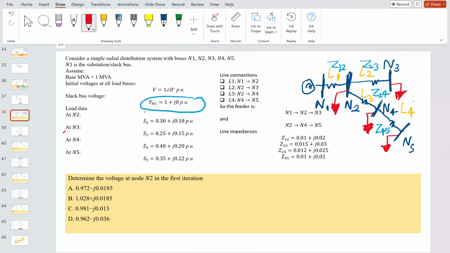Suppose this is the source and this is connected to load node one. This slack bus supplies all the real power and reactive power which is required by the load. That's why this voltage is maintained at 1 angle 0 degree, because Q is proportional to V, and in a distribution line where the R by X ratio is high, power is also proportional to V. So it supplies all the reactive power, and its voltage is maintained at 1 angle 0 degree. Considering that, try to solve this.